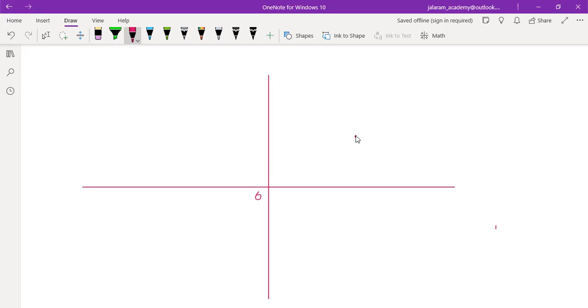For example, if this is point P, whose affix is x plus iy, and we draw a perpendicular from P to the, which axis is this? The transverse axis. Okay, P to the transverse axis. What will be the affix of the foot of this perpendicular?